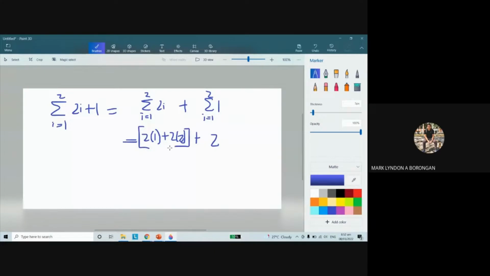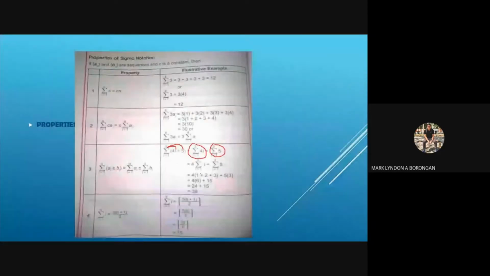Okay, separated into terms. So you'll now use 2 times 1 is 2 and 2 times 2 is 4. So 2 plus 4, you'll get 6, plus 2, that is equal to 8. So what we did here was separate it using property 3, taking the summation for both terms.